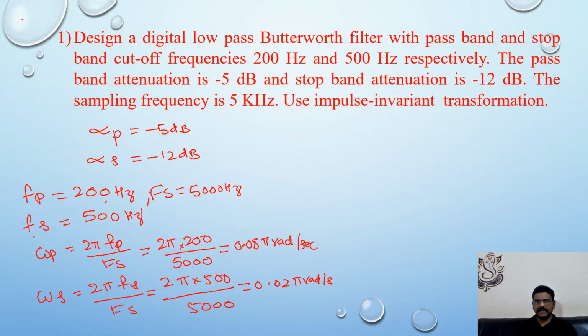Now I'll draw the frequency response for the given parameters. On the x-axis we have the digital angular frequency, that is omega, right? So the maximum value is 5, right? From the problem, they have given 0.085 radians per second as your passband frequency.